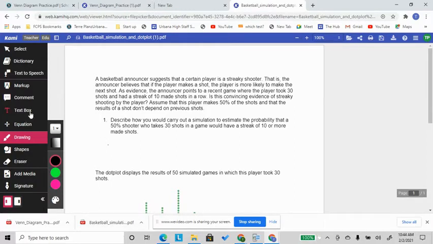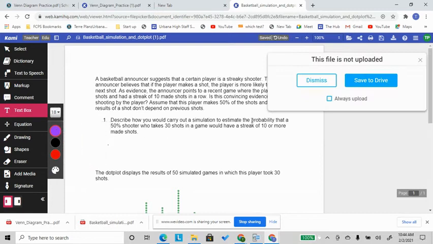So I'm going to make a little text box here. This is Kami if you've not used it.